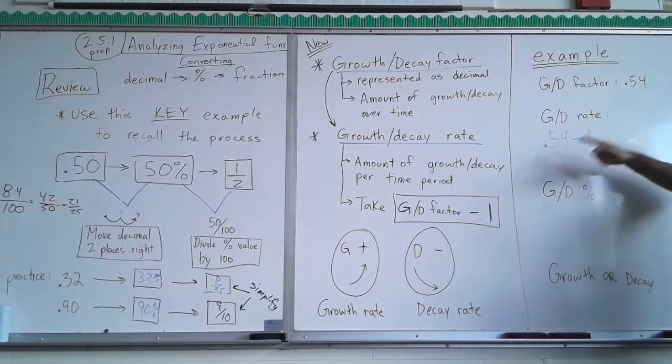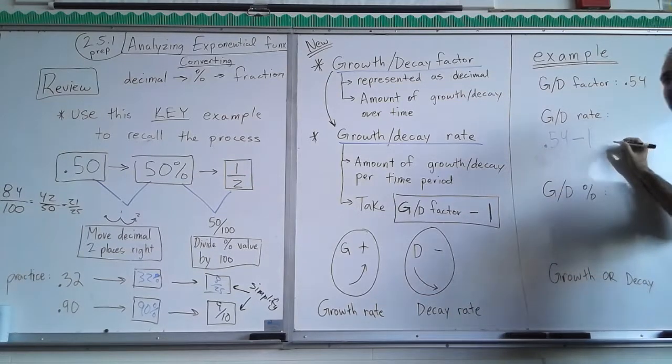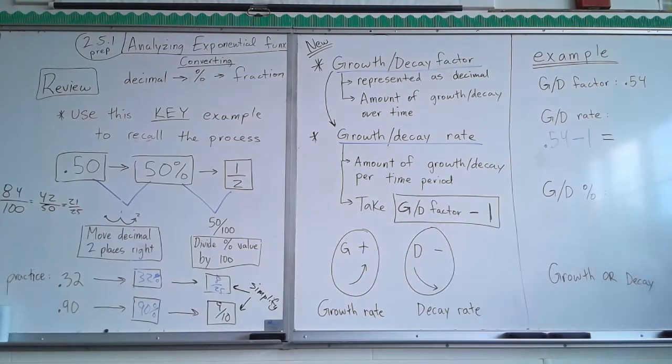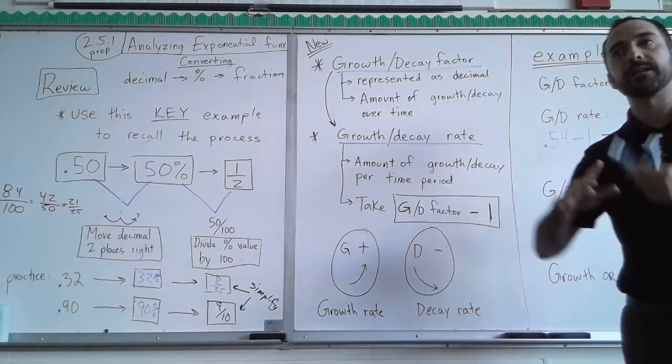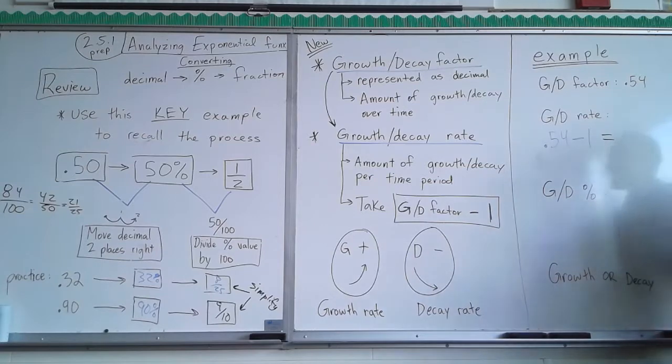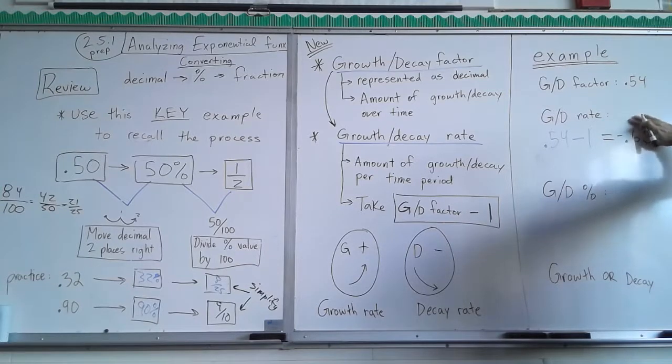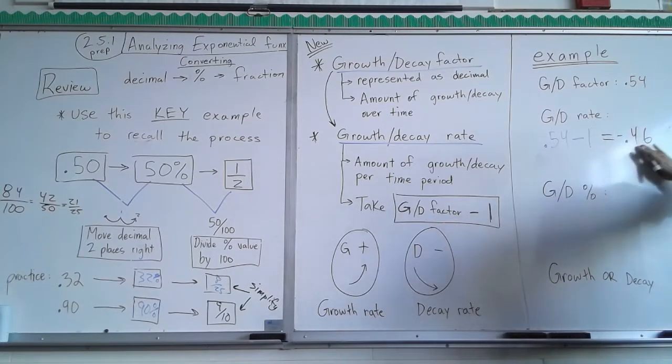Basically, this is okay to start if you use your calculator. I think you'll get the mental map on how to get to that answer on your own. However you think about it, we're going to end up with negative 0.46.